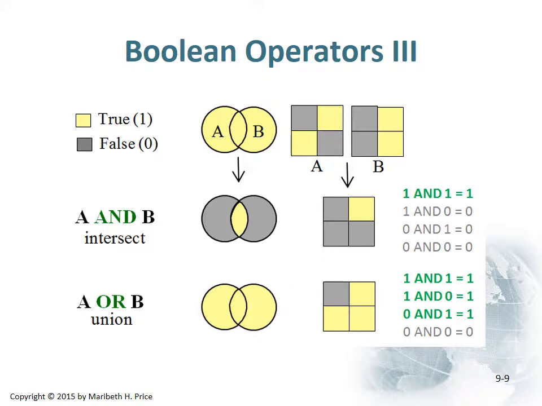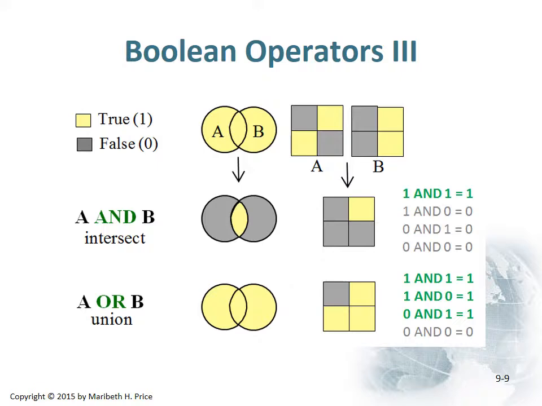So evaluate those. You see that there's only one cell possible between the two inputs. A OR B, the union, either of those can be true, and the output is true. So you can evaluate the two really simple input rasters to see how that works.